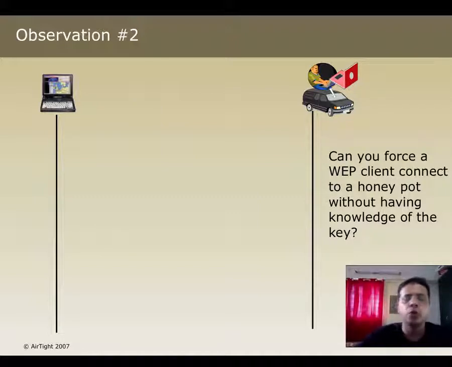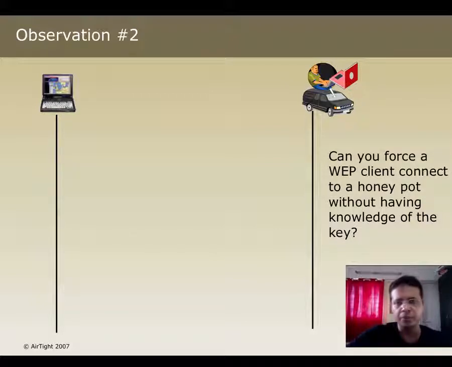This typically is true when we talk about hotspots, T-Mobile, Google Wi-Fi and whatnot, where open authentication and no encryption is there. But would it be possible to have a client connect to you when the PNL consists of, let's say, a WEP encrypted or a WPA encrypted access point, right? So the answer to that question is actually a yes.